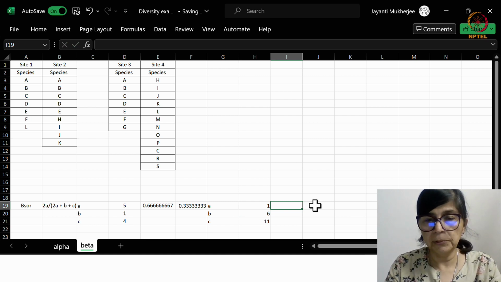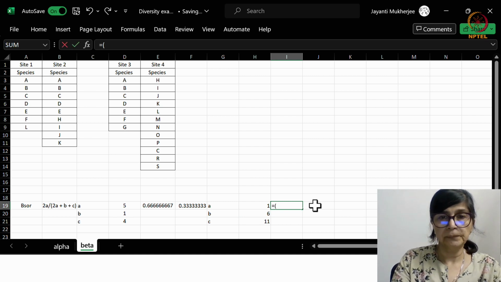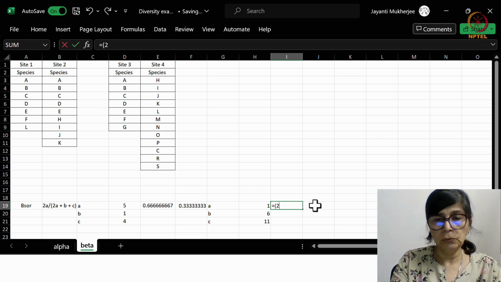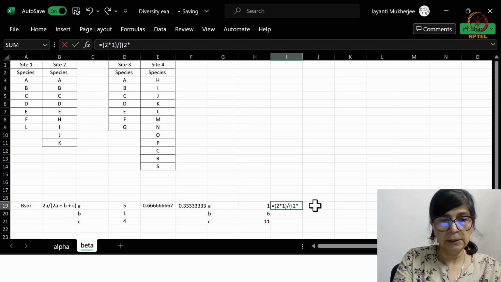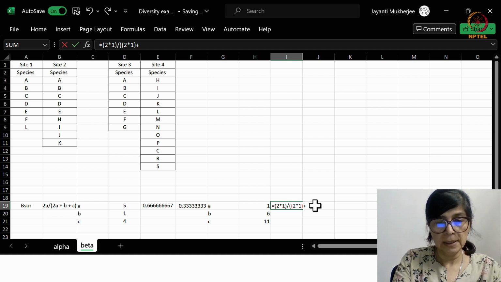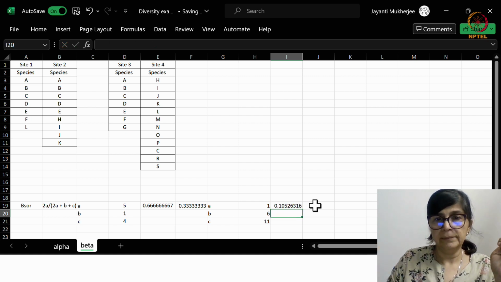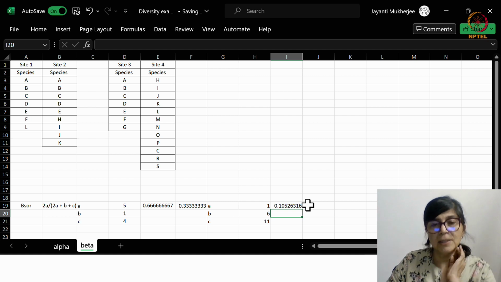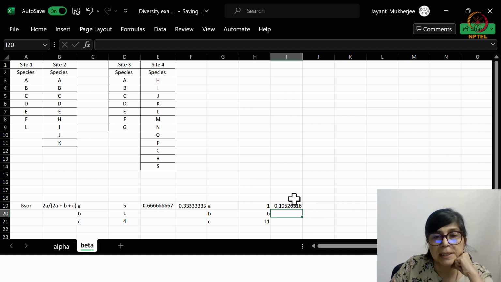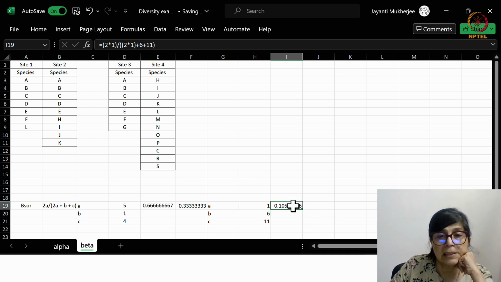So again I will put the formula. 2 times 1 divided by 2 again times 1 plus 6 plus 11. Yeah, so as you can see, it's just 10% of similarity or nestedness between these two sites.